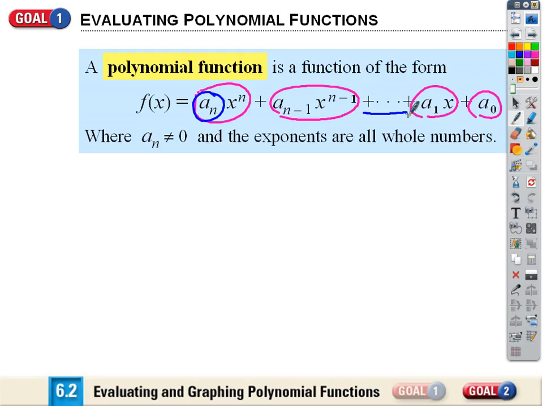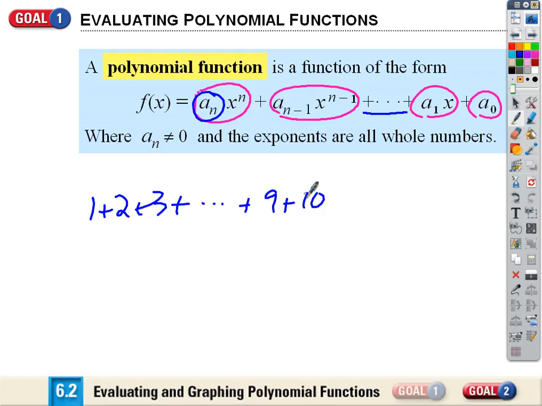And then what does it mean when we see something like this? Plus, dot, dot, dot, plus. What do you think it means? It's the same thing. Well, what if I were doing this? 1 plus 2 plus 3 plus dot, dot, dot plus 9. It goes in order. It just fills in the gap, following that pattern.